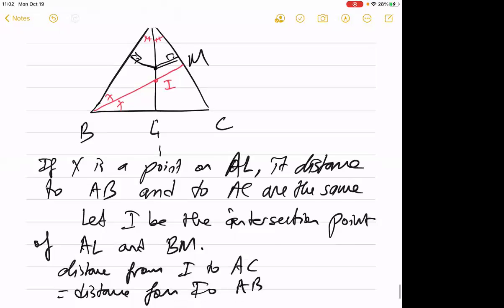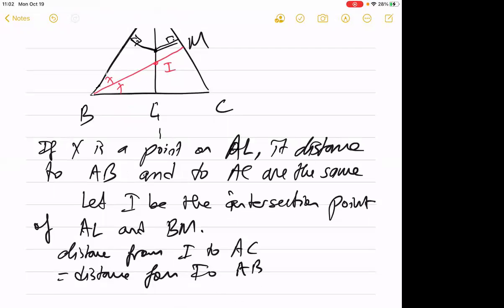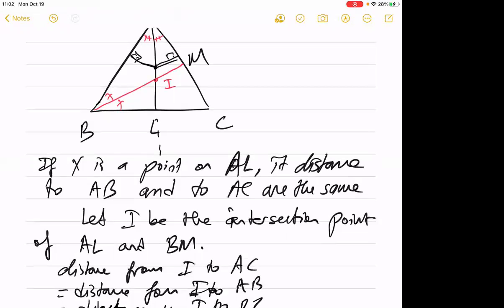Since BM is also an angle bisector, the distance from I to AB is equal to the distance from I to BC. So the distance from I to AC is the same as the distance from I to BC.